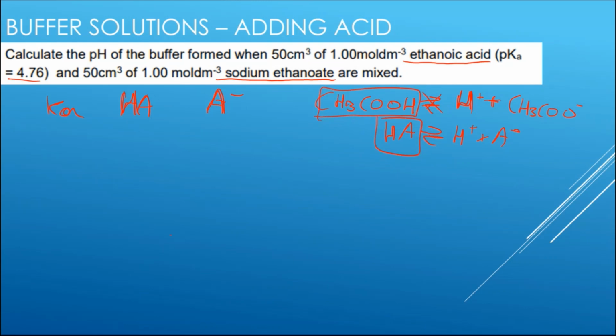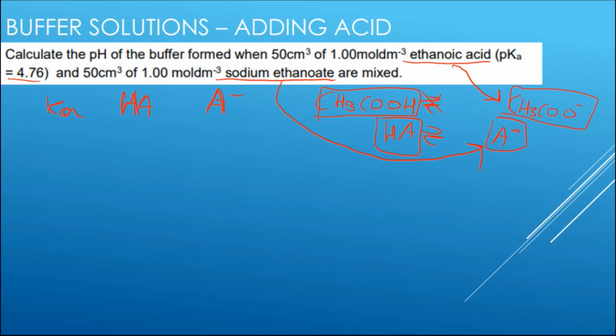The only conjugate base that we have, CH3COO minus or any conjugate base, is from the salt of that weak acid. So we assume that all of the salt has dissociated into A minus, and we do not get any A minus from ethanoic acid, even though we do end up getting some in reality, but in this case we just assume that we do not.